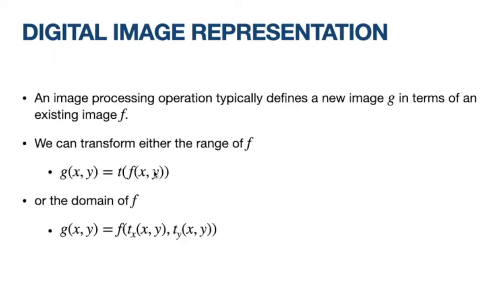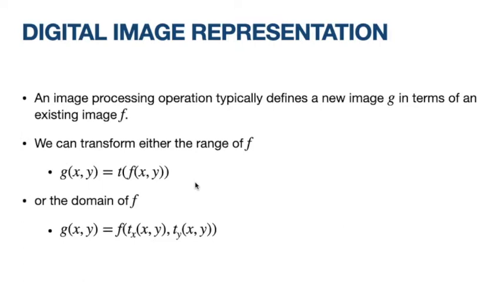And in image processing, what happens is it typically defines a new image G in terms of an existing image F. That is, it can transform either the range of F, that is g of x y equals t of f of x y, or you can also transform the domain of f itself, that is g of x y will be equal to f of tx(x,y), ty(x,y), that is the domain will be changed.